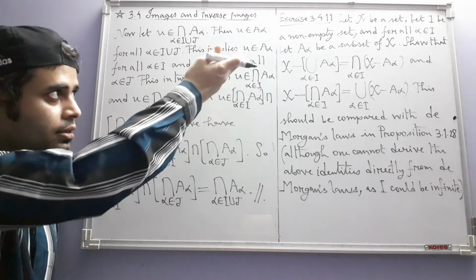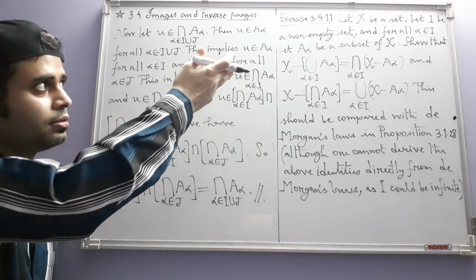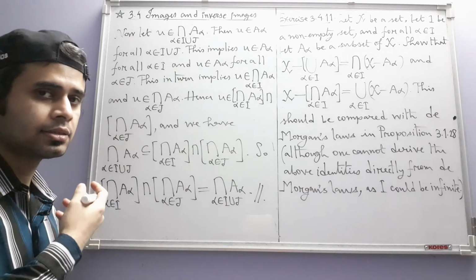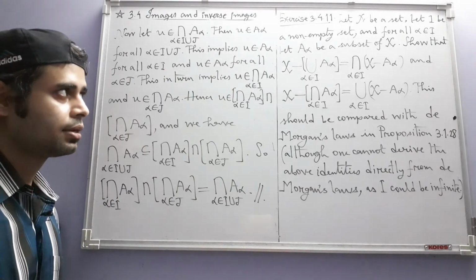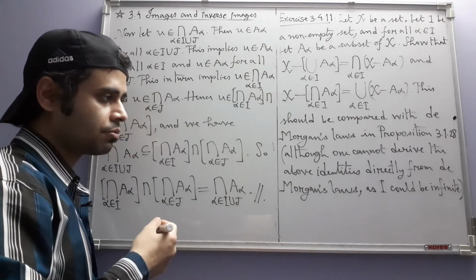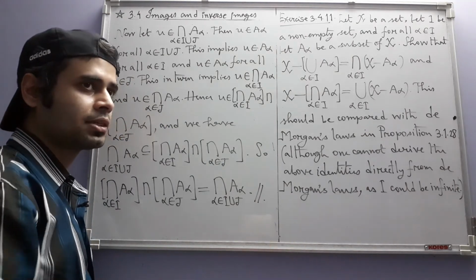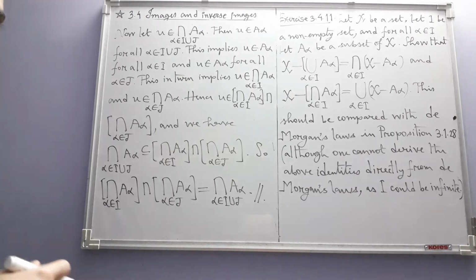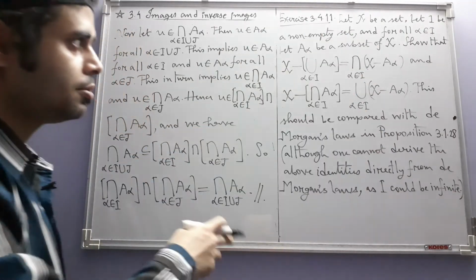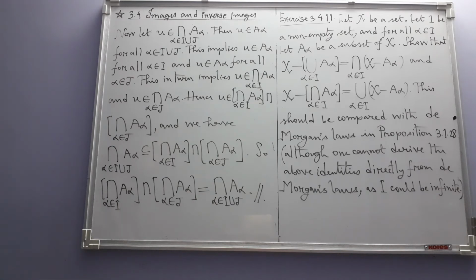But here the family I can be an infinite family. The set I can be an infinite set. As such, the family of sets A alpha will be an infinite family of sets, potentially having infinite number of distinct sets. So these things cannot be proved using De Morgan's laws. They have to be proved on their own.